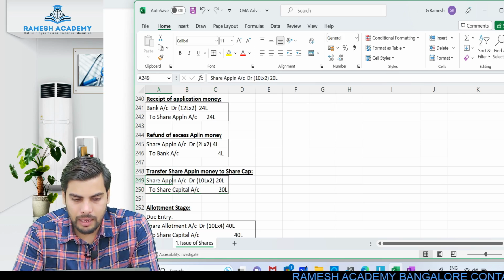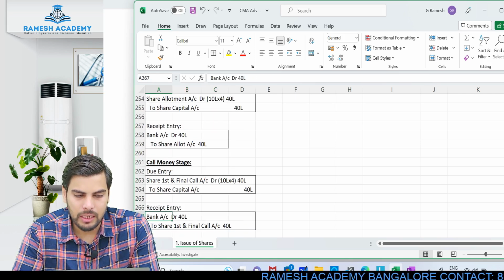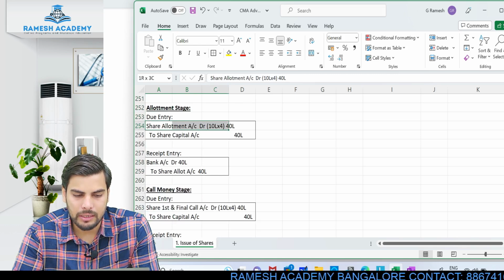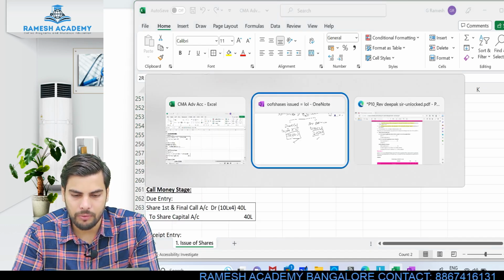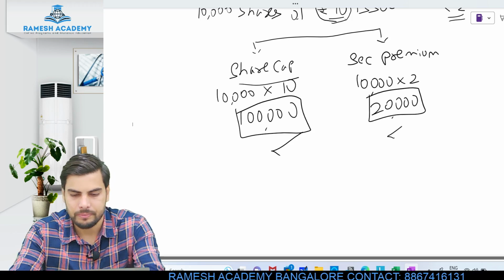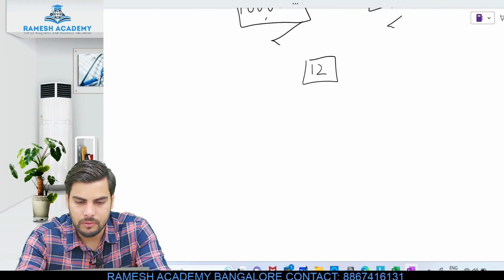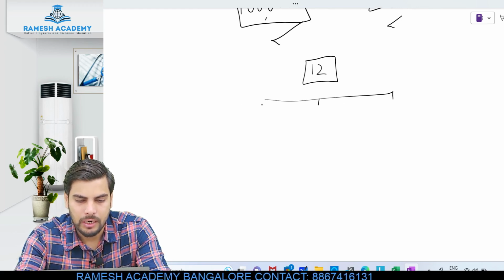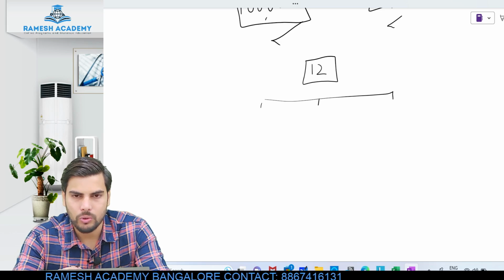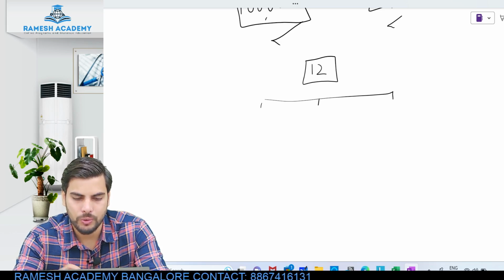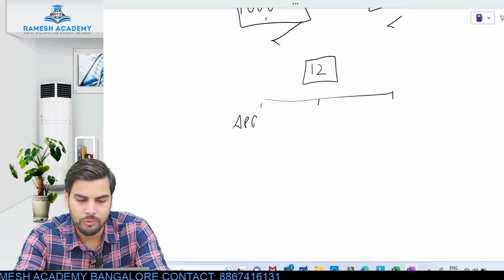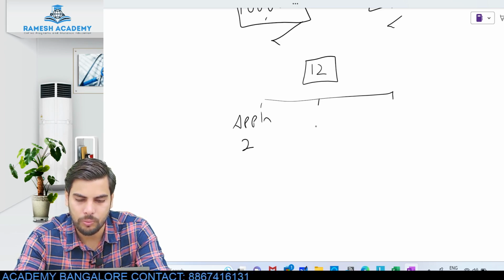Now you will be having a confusion. Let's say securities premium is being collected at the allotment stage. Let's take the same example: a 10 rupee share issued at 12 rupees. 12 rupees is the issue price, 10 rupees is the face value, so you clearly know this share is issued at premium. At the application stage, let's say 2 rupees was received.